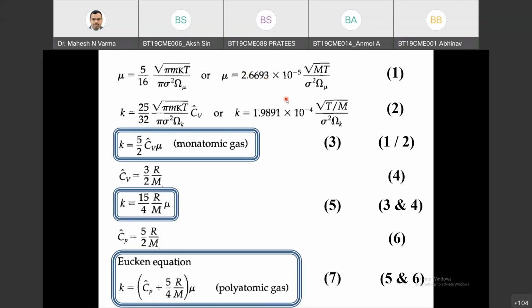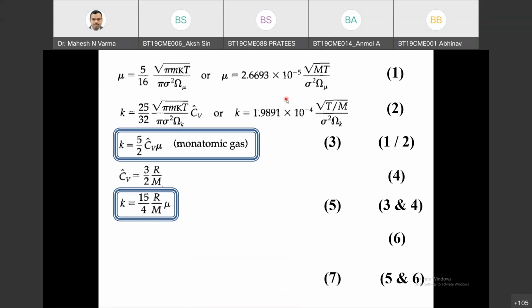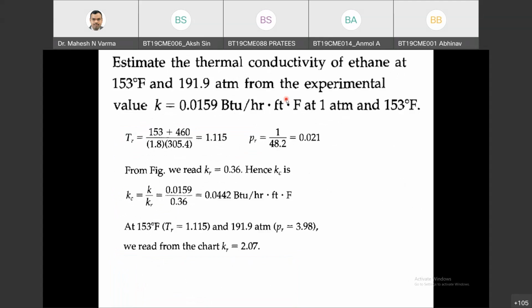So there are four ways to get the thermal conductivity here itself, whatever data we have. First of all, we can use an empirical graph for thermal conductivity. Get the value of critical temperature, critical pressure, and critical thermal conductivity from the data book, and at given temperature and pressure, get the value of thermal conductivity using an empirical graph. Which empirical graph am I talking about? This empirical graph.